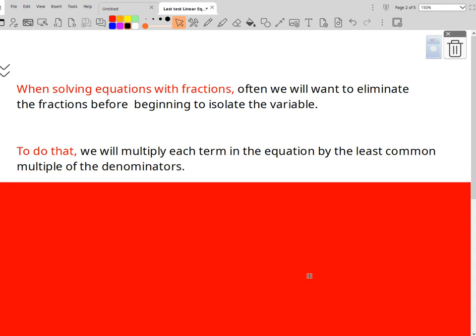To do that, we will multiply each term in the equation by the least common multiple of the denominator. Technically, any common multiple will work. We like to do the least common, that's the smallest multiple they have in common, because we get to work with smaller numbers, but it is not necessary for it to be the least common multiple.